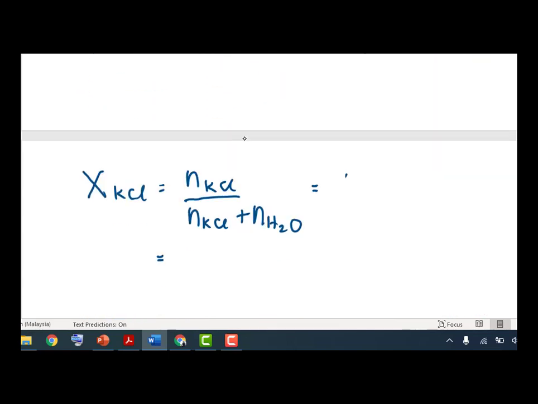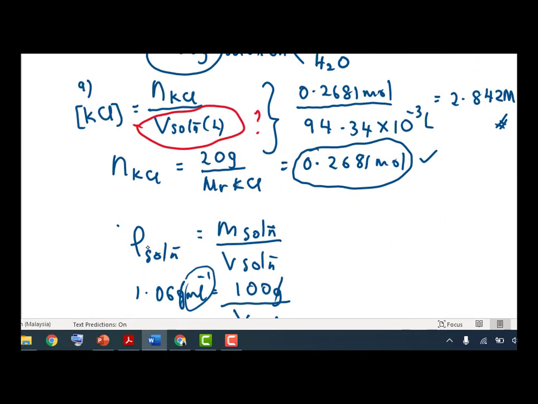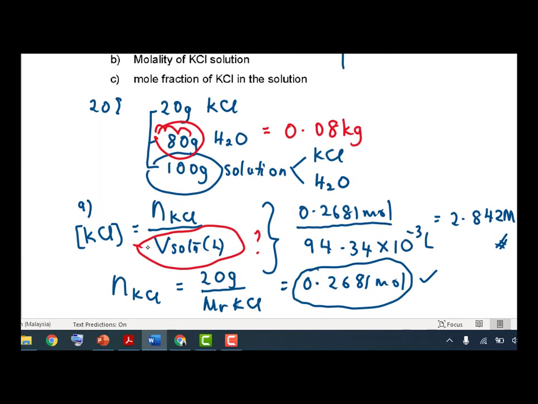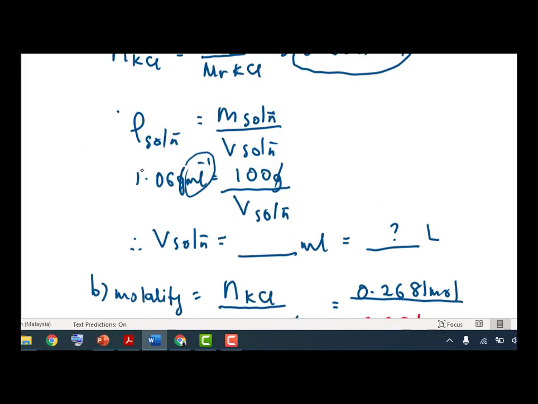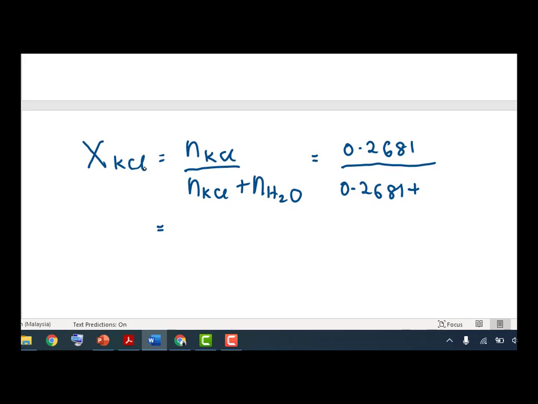You insert it here. 0.2681 divided by 0.2681 plus the mole of water. Do we have the mole of water? No, not yet. We just have the mass. Right, so what to do with this 80 gram of water? Find the mole. Therefore, the mole of water is 80 gram divided by the molar mass of water.